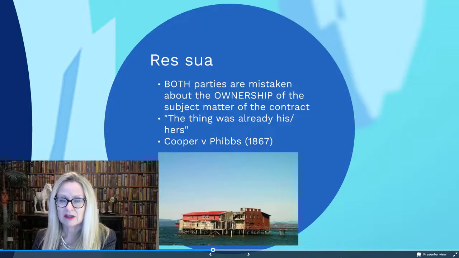And what he didn't actually know was that the fishery had been left to him by bequest. So in actual fact, the cousins didn't have anything to lease to him. It was already his. And this is a classic kind of scenario for res sua. So at common law, that contract was void.